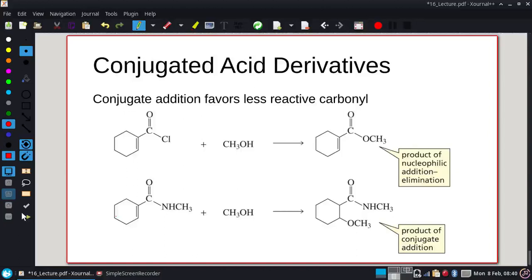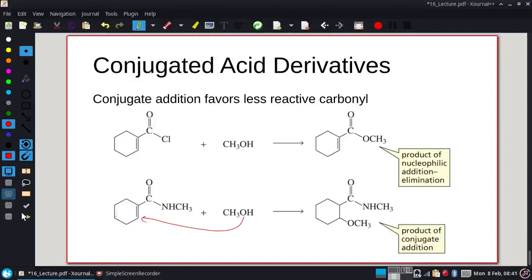But if I have a weak nucleophilic addition carbonyl, like an amide, I'm actually going to see this go over here instead. So suddenly the conjugated product is about it.